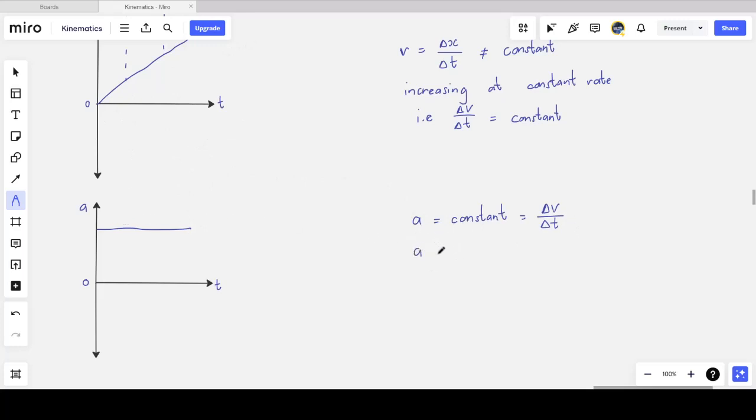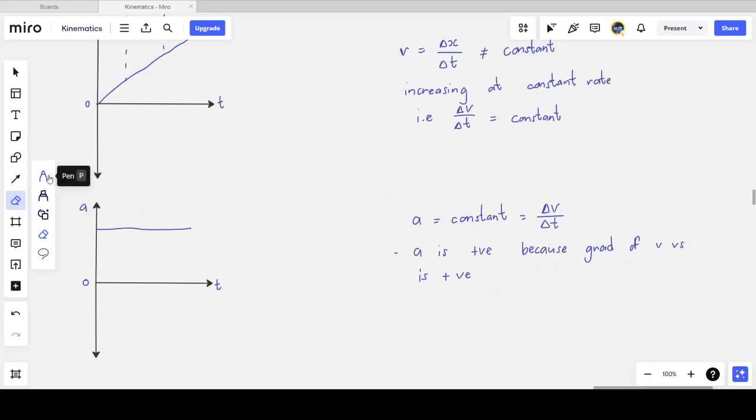And a is positive because, if I think about this carefully, the gradient of the graph of v against t is also positive. The gradient of the graph above is positive.